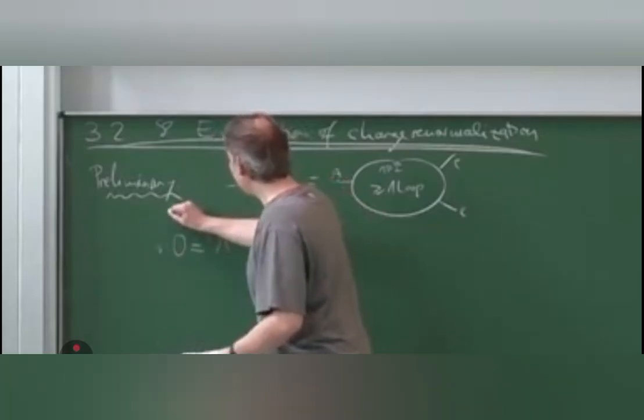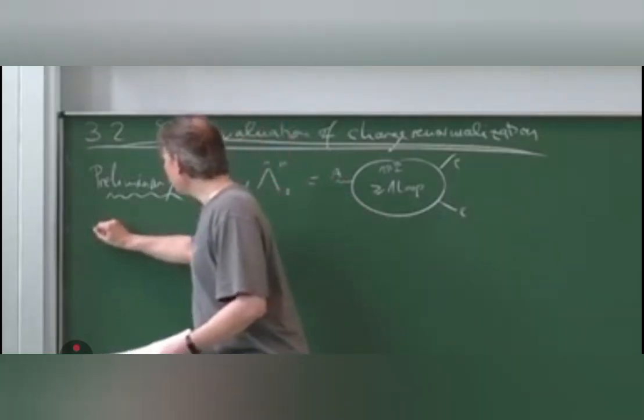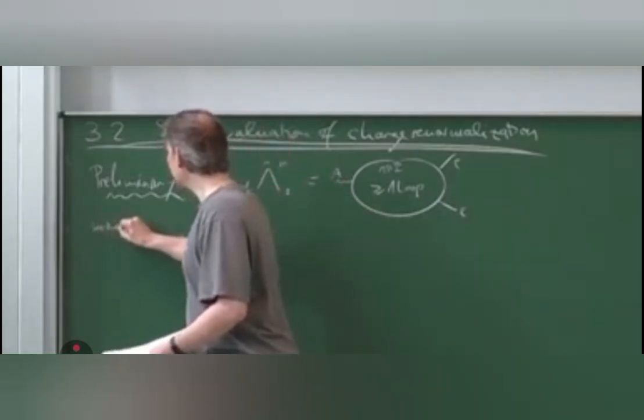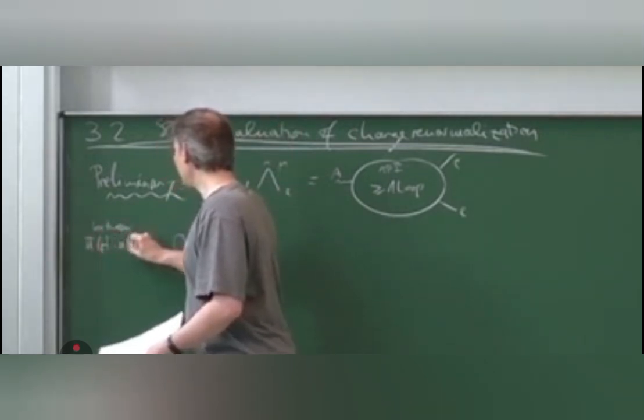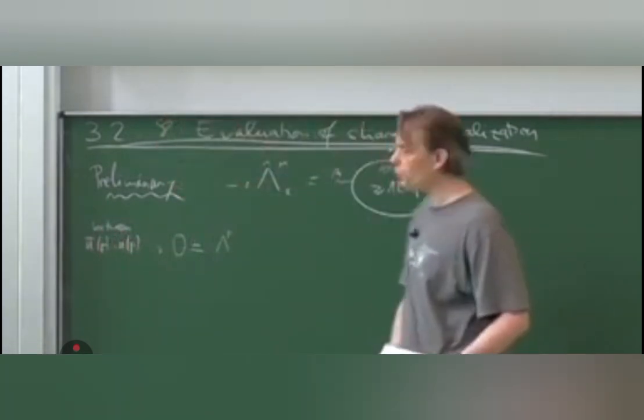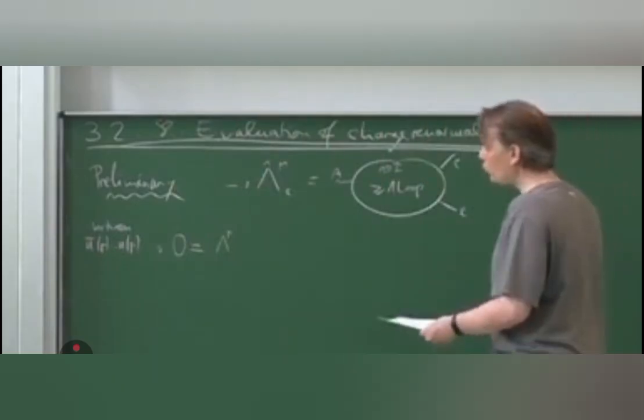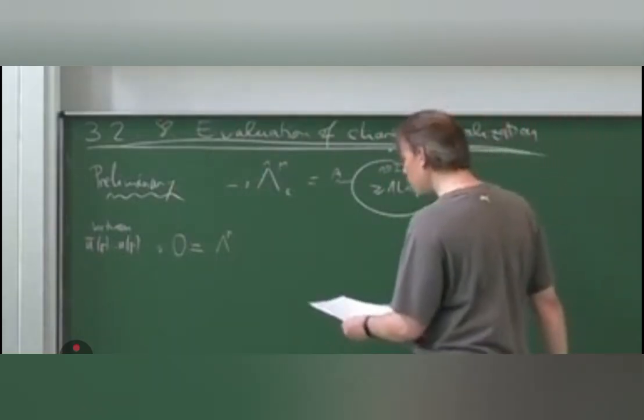The following equation is meant between u bar of p and u of p. So let us not always write the spinors u bar and u, but the equation is meant to hold between these two spinors.